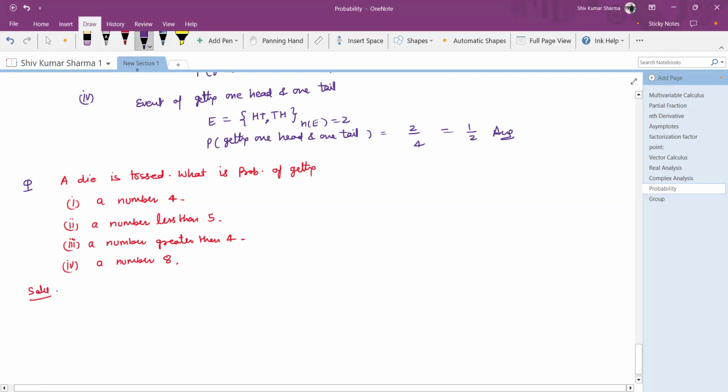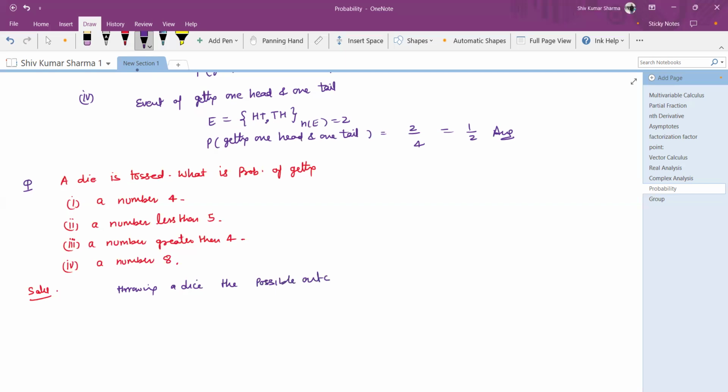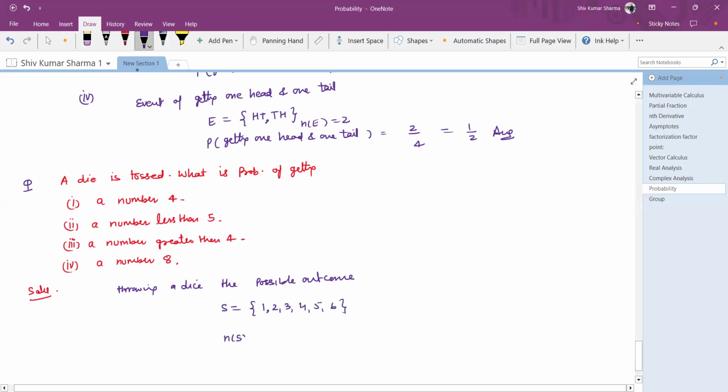So when we toss a dice or throw a dice, the sample space, the possible outcomes, means S contains six elements: 1, 2, 3, 4, 5, 6. The dice has six faces. So number of elements in S is equal to 6.